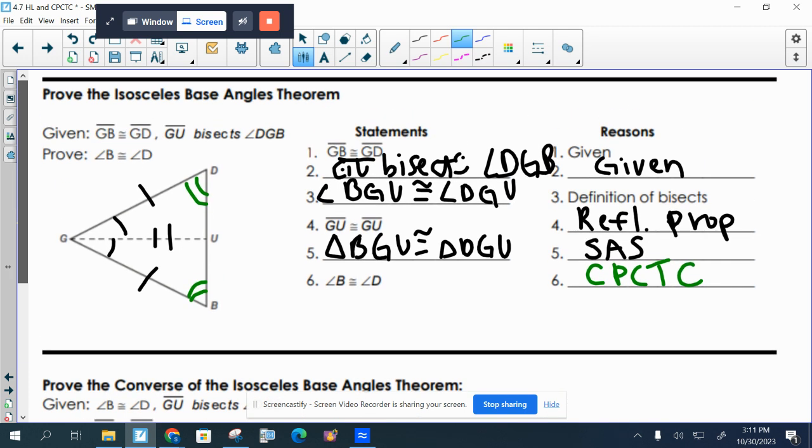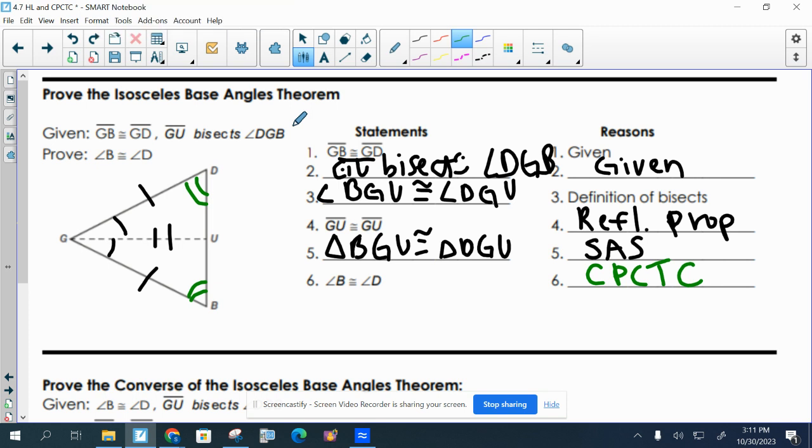So that actually proved the base angles theorem. So remember how we were saying we learned about isosceles triangles. We did 4.8 before we did 4.7. And now we have proved the base angles theorem. So that's how that ends up working.